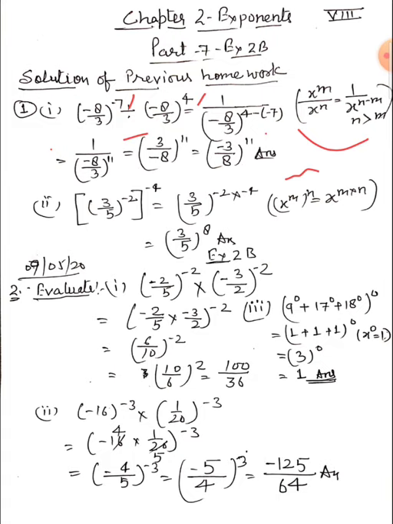So we can write this question as 1 upon (minus 8 upon 3) raised to power 4 minus bracket minus 7. When we open the bracket, then we get 1 upon, because minus minus is plus, 4 plus 7 is 11. 1 upon (minus 8 upon 3) raised to the power 11.